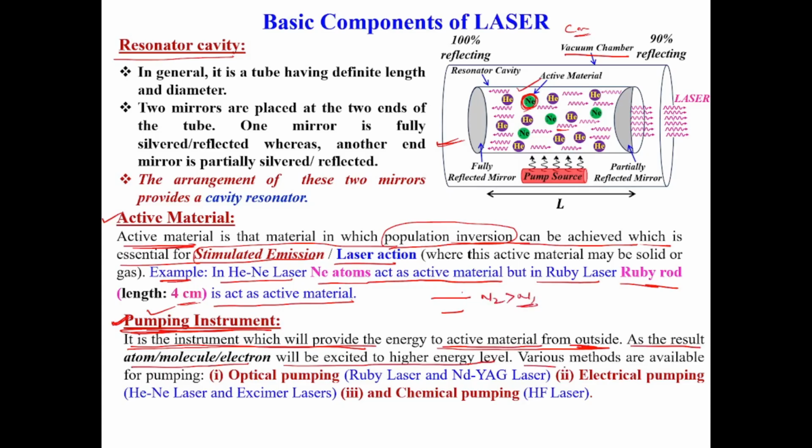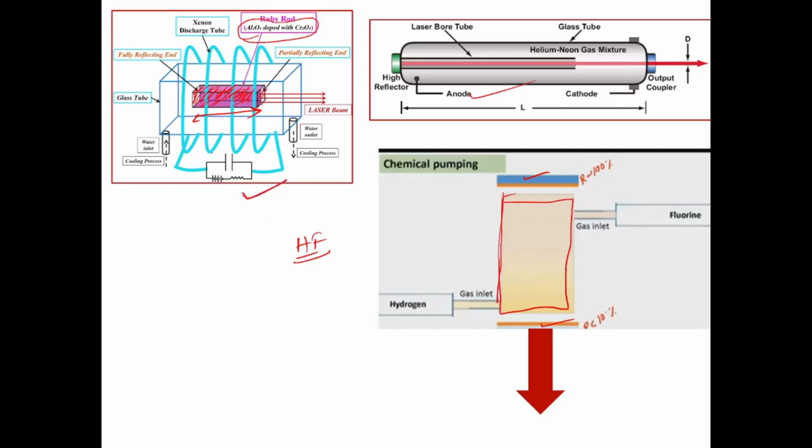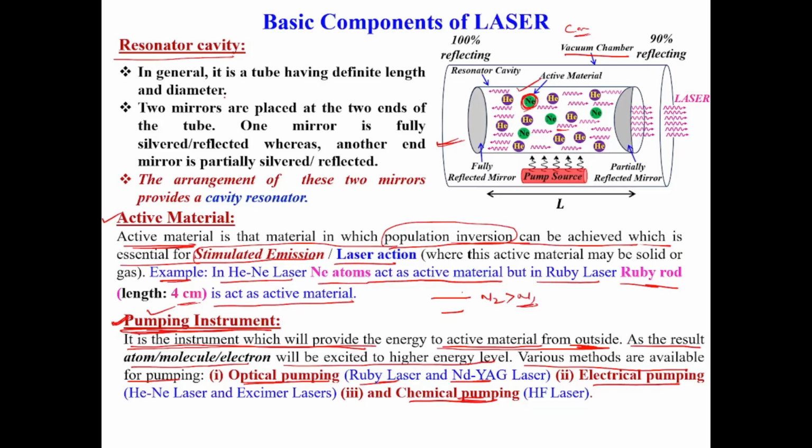Right. Various methods are available for pumping: optical pumping, electrical pumping, and chemical pumping. Optical pumping is generally found in ruby laser and Nd:YAG laser, in solid state lasers. In this ruby laser system, we are using optical pumping. Here you can see a xenon flash lamp is wrapped over the ruby rod. When the xenon flash lamp flashes, the light energy propagates inside the ruby rod and the ruby rod will be activated.